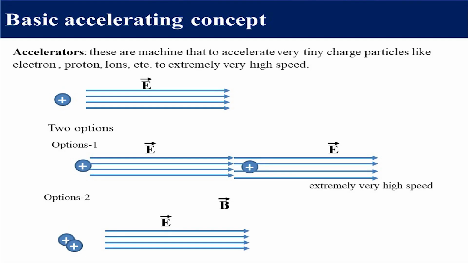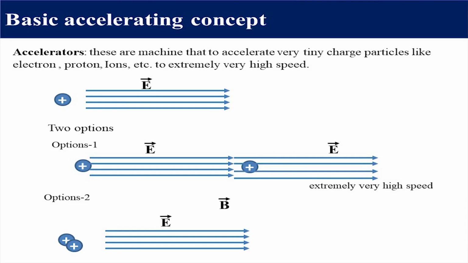I will discuss further here. If we apply an electric field, these positive ions gain energy and accelerate. If we want to increase the energy of these ions, we further strengthen the electric field, applying high voltage, electrostatic voltage, or other radio frequency power supplies.